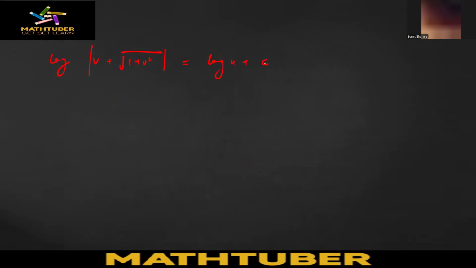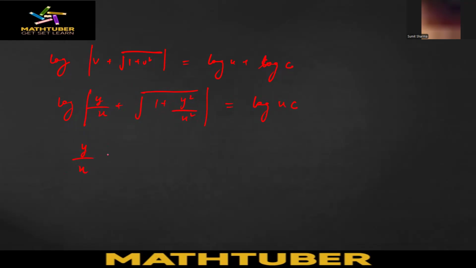And I told you that if log is on every term, then you can take this as log c also. So it will become log of y by x plus under root 1 plus y square upon x square is equal to log of xc. And log will cancel on both the side.